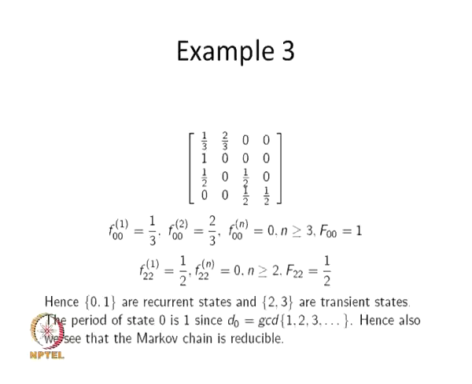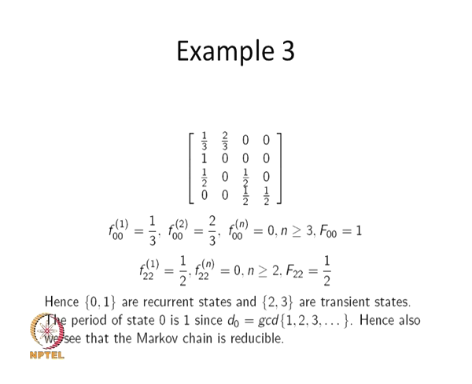State 2, the self loop has a probability, and going from state 2 to 0, that probability is given. Therefore, this row is also taken care of. Now, I am moving into state 3. State 3 has a self loop with a probability, and moving from state 3 to 2 has a probability as well.